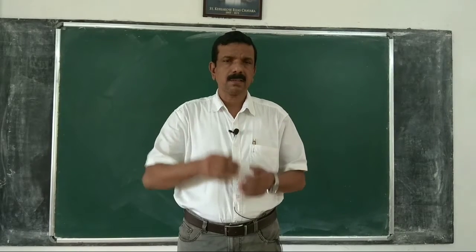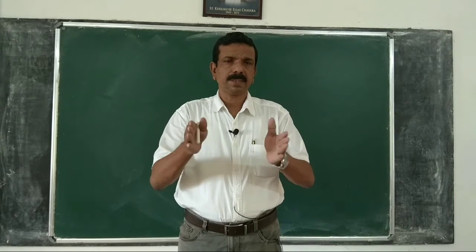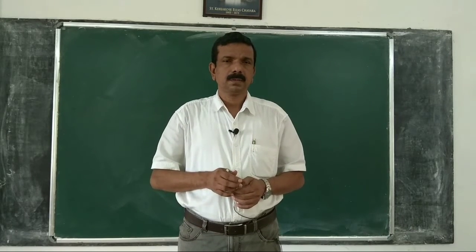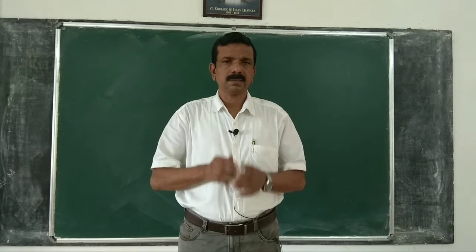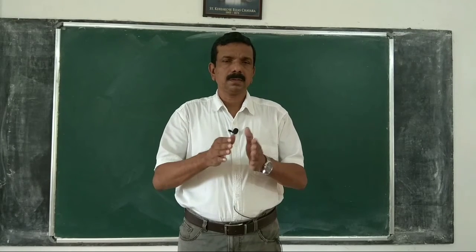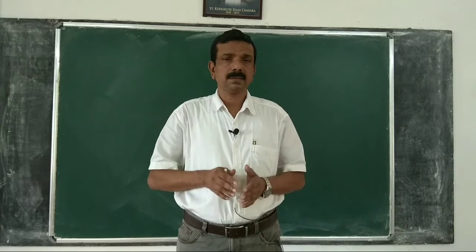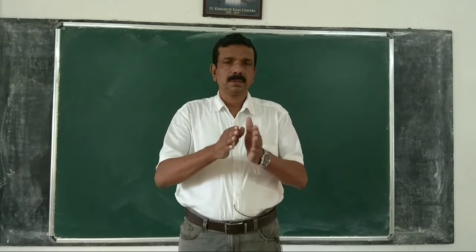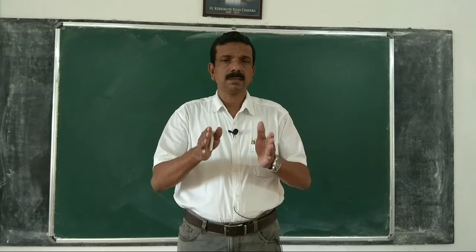So many methods are available to estimate the parameters of the population regression function. Today, in this class, we introduce how to estimate the population parameters using the method of maximum likelihood.